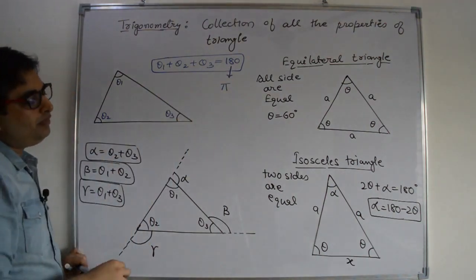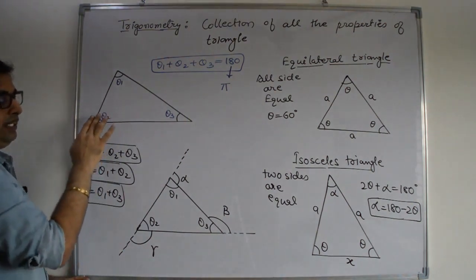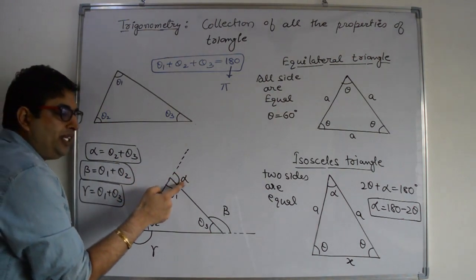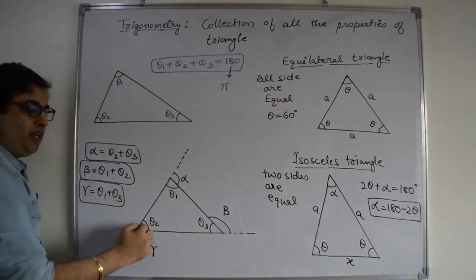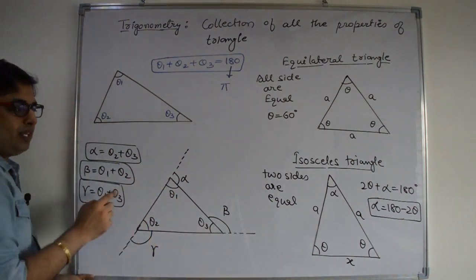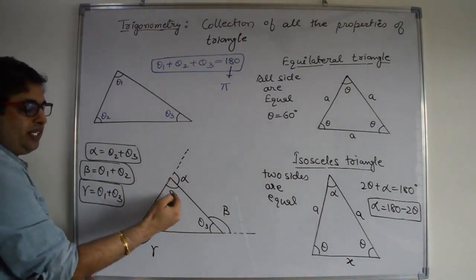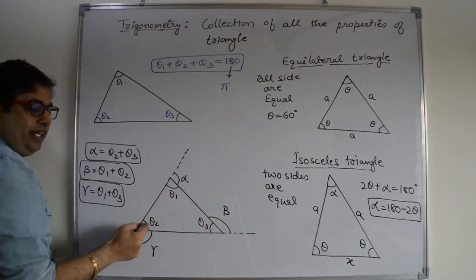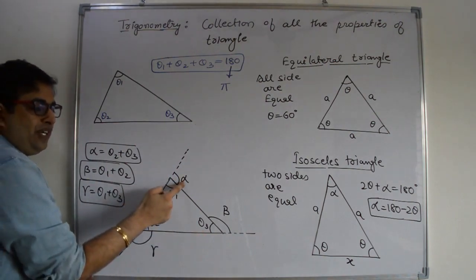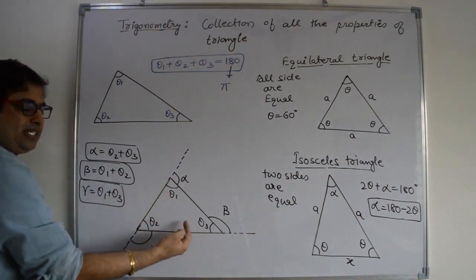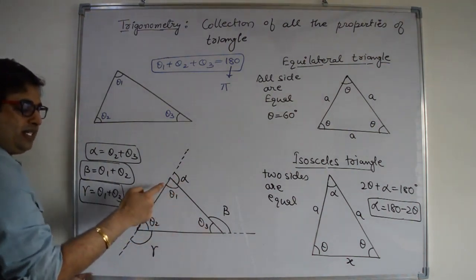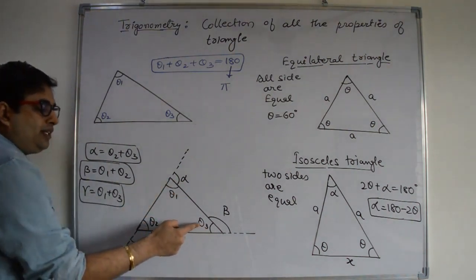Right? Now let us see a basic property that exterior angle is sum of opposite interior angles. What is exterior angle? Exterior angle is outside angle, right? This is inside angle or interior angles. So alpha is theta 2 plus theta 3.